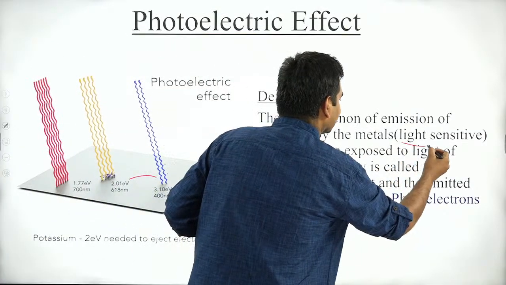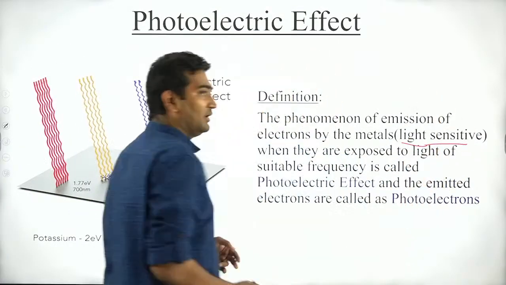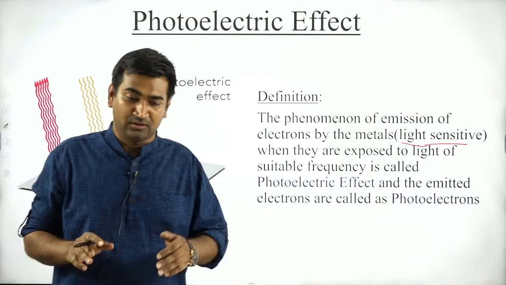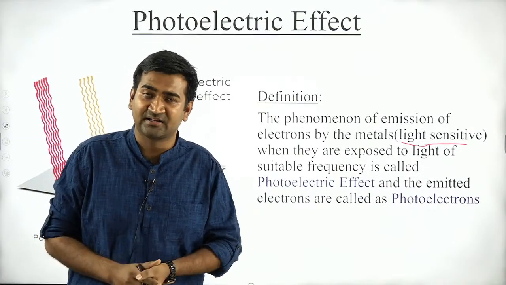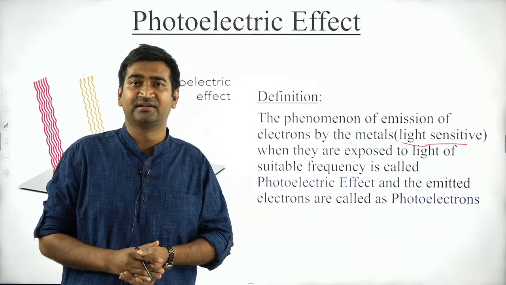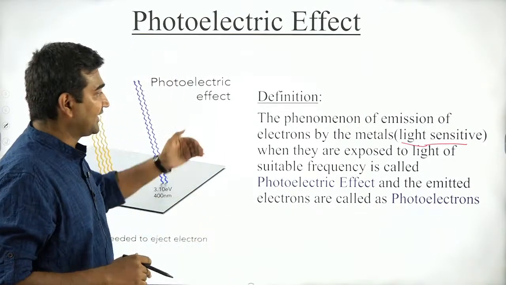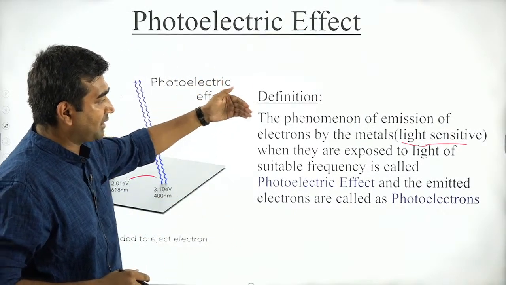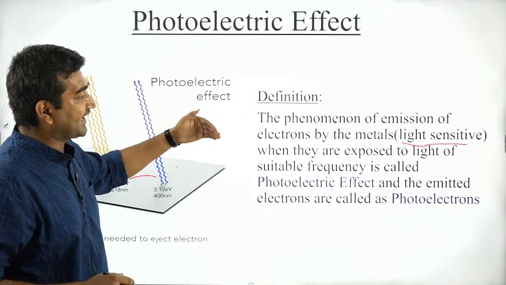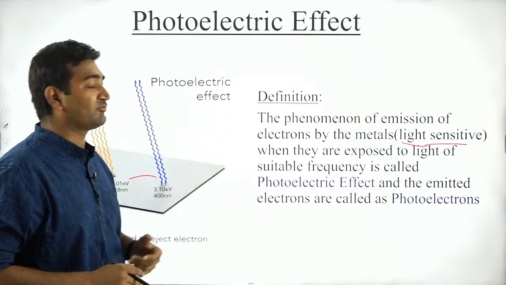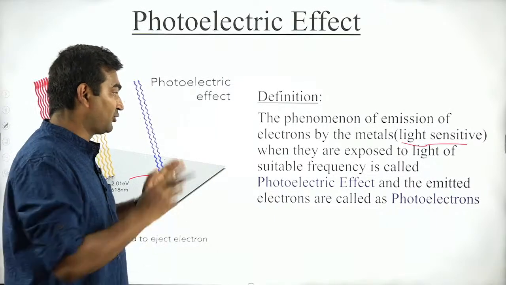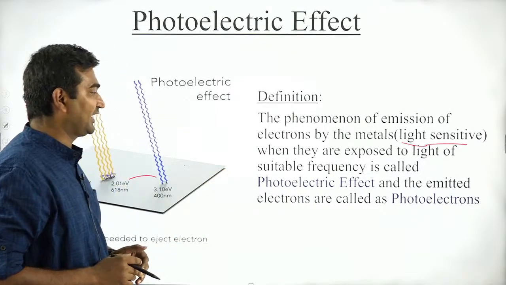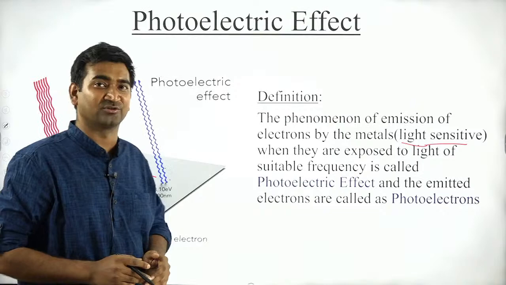Light sensitive metals. Means there are some metals which are excited easily by light and they lose electrons. So it is the phenomenon of emission of electrons by light sensitive metals when they are exposed to light of suitable frequency, and the emitted electrons are called photoelectrons.